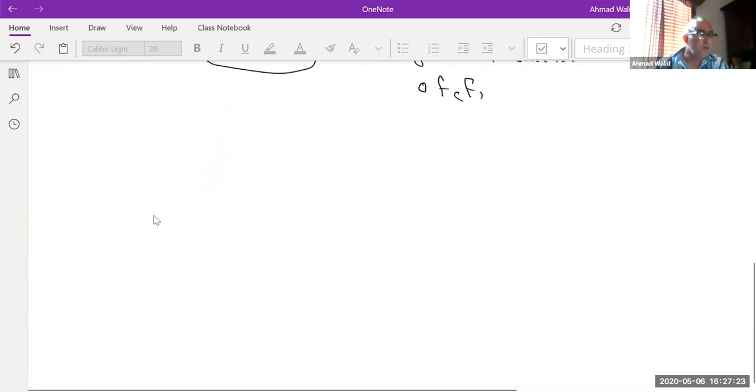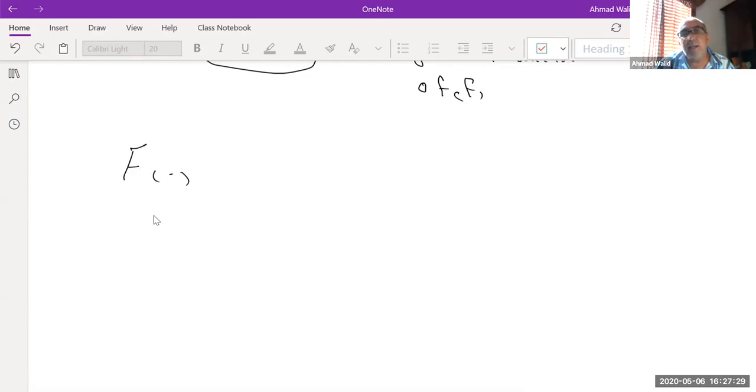Now, how to do the antiderivative? Use always this formula. Basically, your F of x equals x to the power of n plus 1 over n plus 1, plus c. Using this method, you can find the antiderivative of any given derivatives or any function.